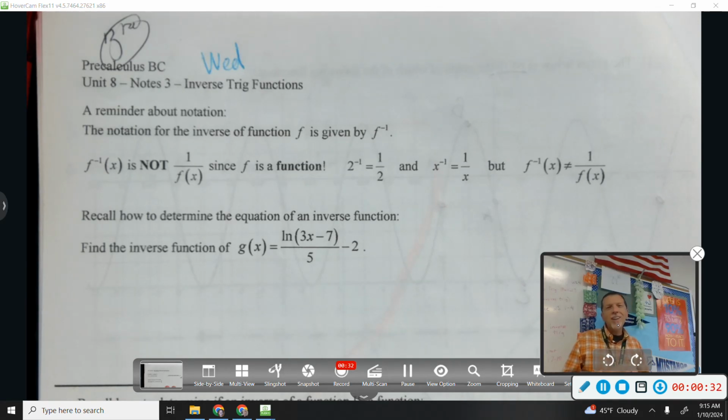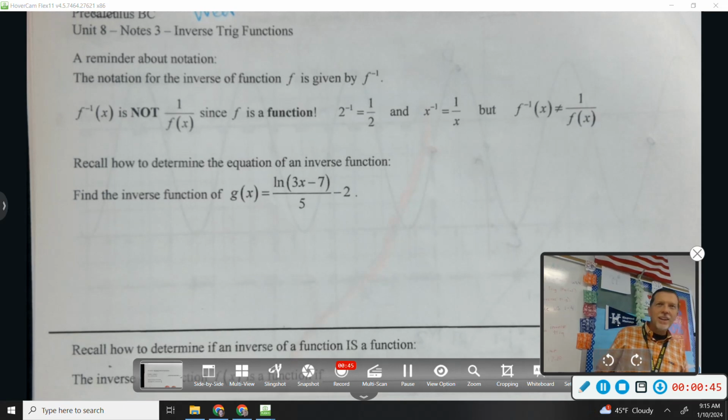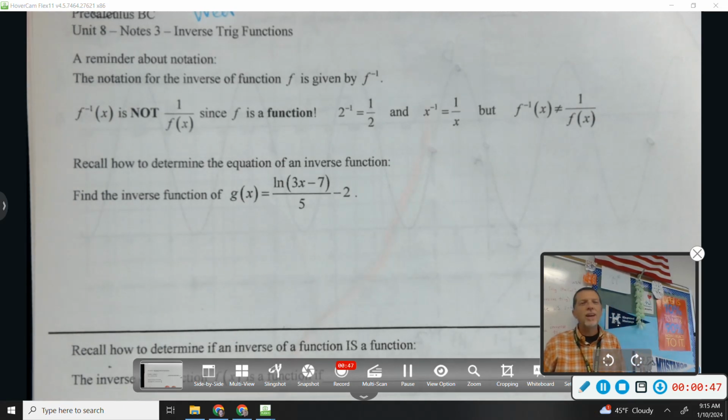So I'm trying to explain a little bit of how the car works today, but at the end, it really won't be that bad. And the car today is inverse trig functions. It looks complicated, it sounds complicated, and the inner workings are complicated. But when we get to the end of today, it's like, well, do you know how to drive the car?